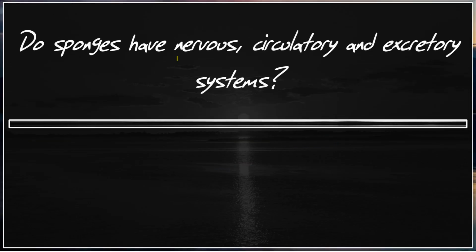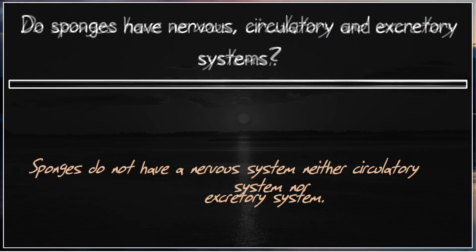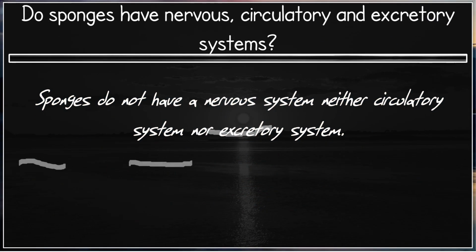Do sponges have nervous, circulatory, and excretory systems? Sponges do not have a nervous system, nor a circulatory system, nor an excretory system.